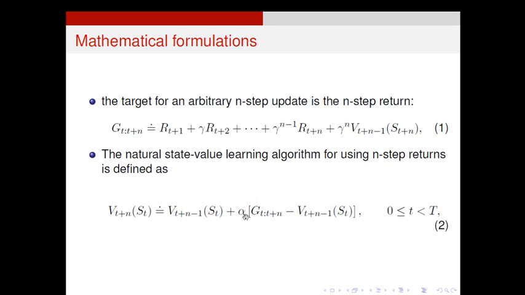That's all. This G t colon t plus n is actually r t plus 1 plus gamma into r t plus 2, etc. In the case of TD0, this G t colon t plus 1 is equal to r t plus 1 plus gamma into the next state value, that is V of s t plus 1. This is the difference.